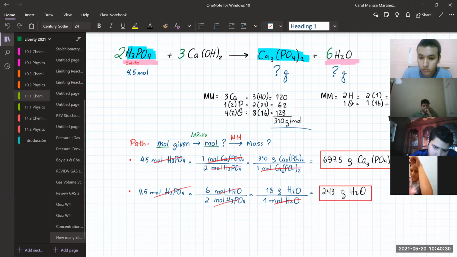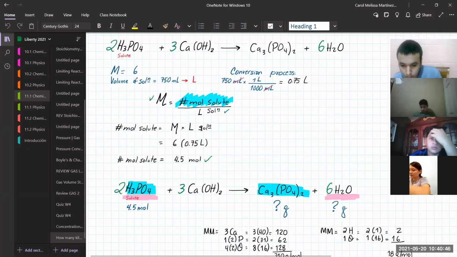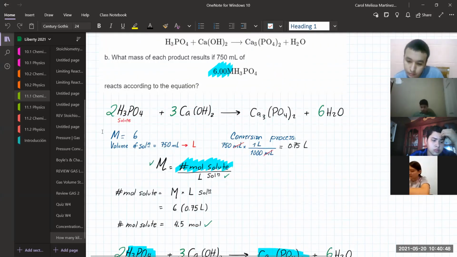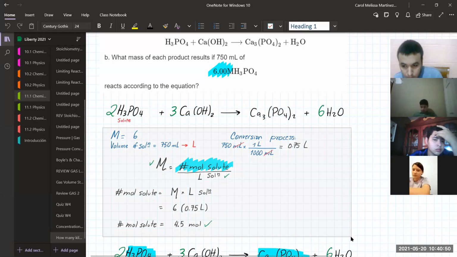So as you can see, even if the topic is not so related to stoichiometry, we still can make stoichiometric processes from the amount of moles. In the end, the only process that we did here about molar concentration was in the beginning, when we got the number of moles.